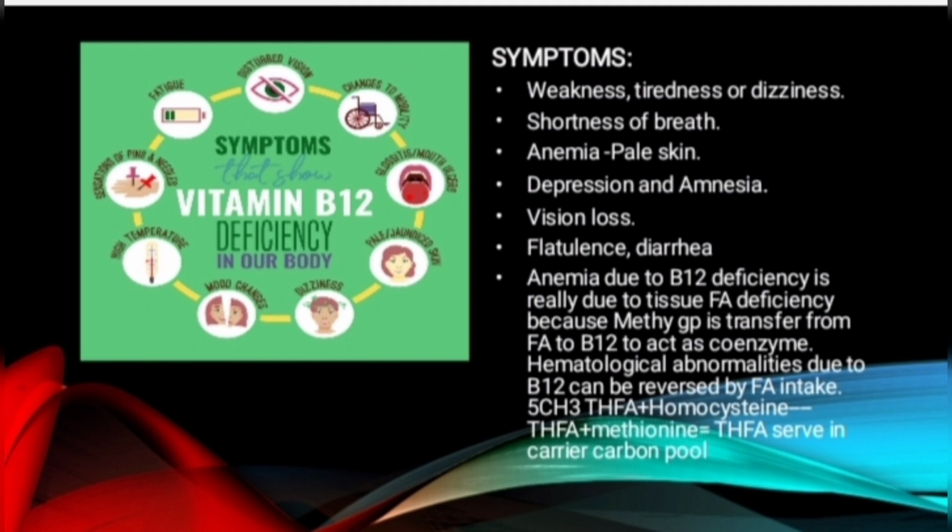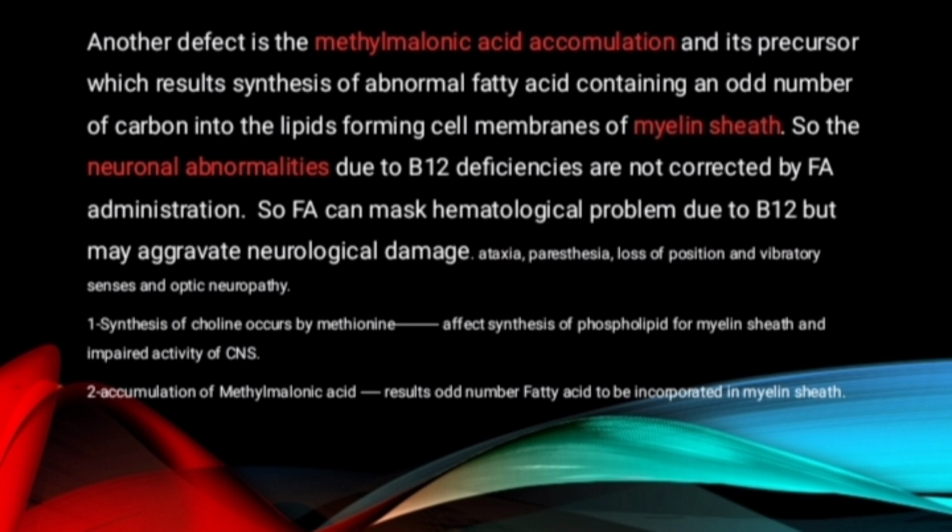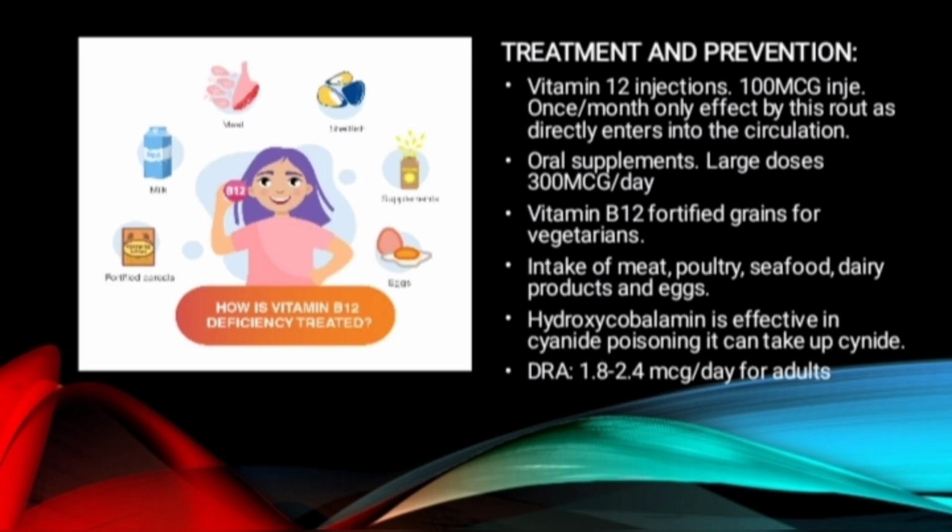There are certain laboratory tests that can be conducted to check the deficiency. In laboratory testing for B12 deficiency, we can check the concentration of B12, which is found to be low in deficiency, as well as certain tests that can identify pernicious anemia, which results from B12 deficiency.